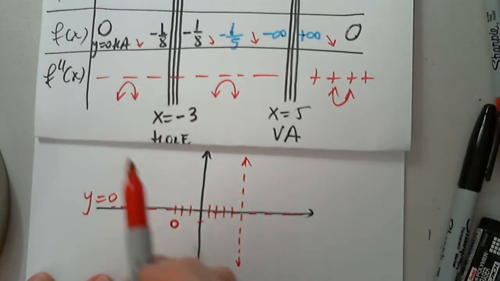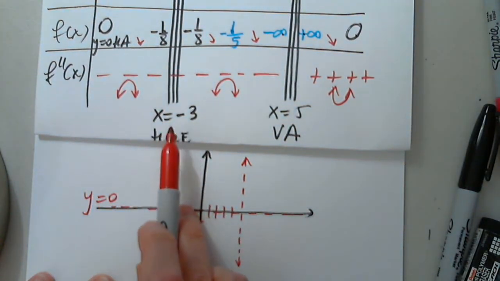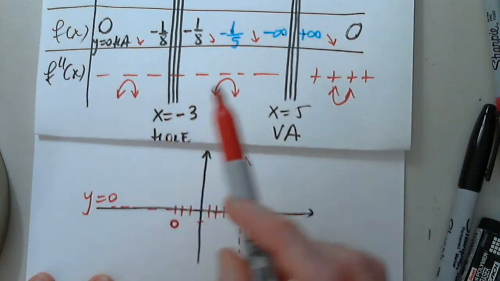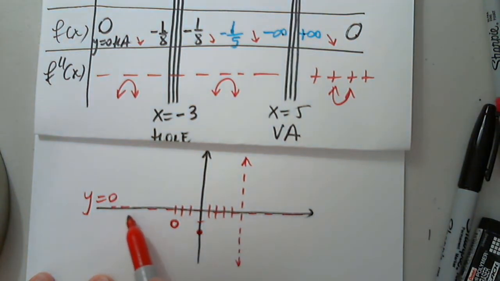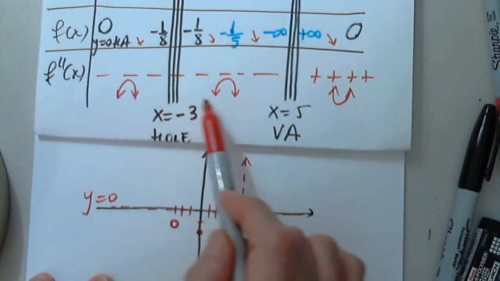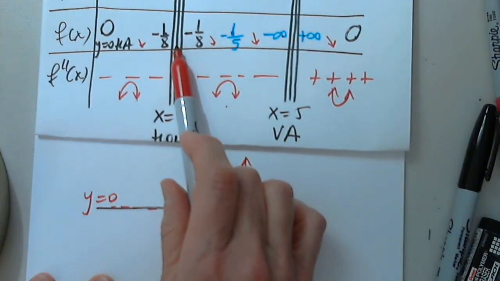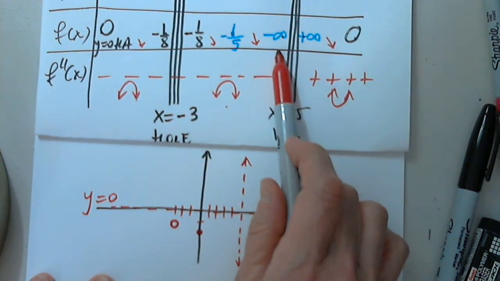Okay, so approaching the asymptote, opening down and going through this open point, and then at 0 it's somewhere here. And then it approaches negative infinity. That's what this says. From 0, opening down, going through the open point, crossing the y-axis, going to negative infinity.